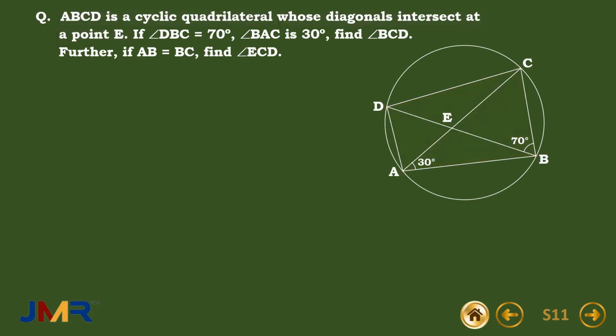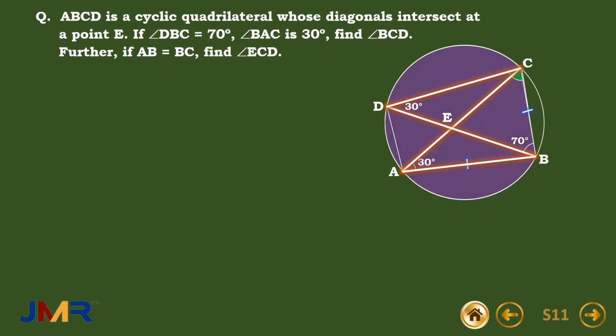Diagonals are intersecting at point E and DBC is 70 degrees and BAC is 30 degrees. And we have to find BCD. If AB is equal to BC, then find ECD. These are the questions. Let us see. Think for a while and how to solve.